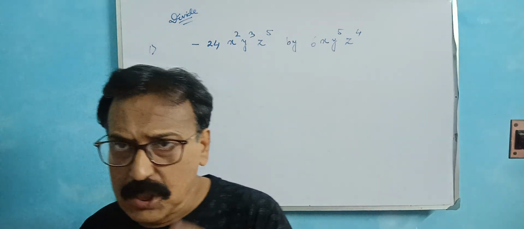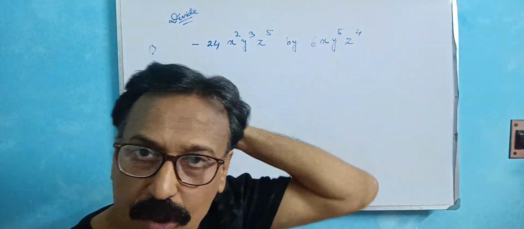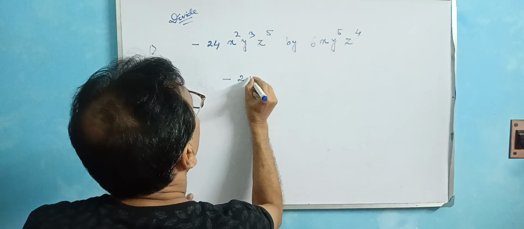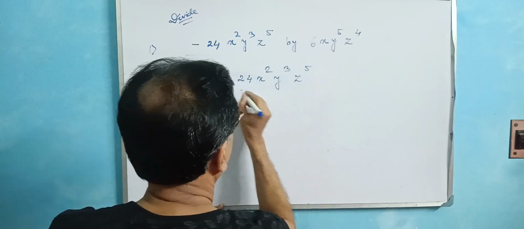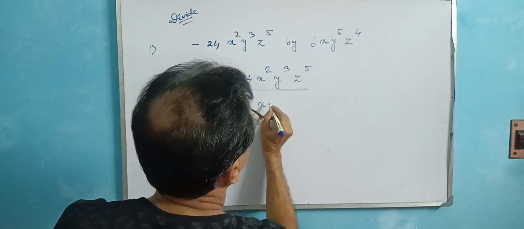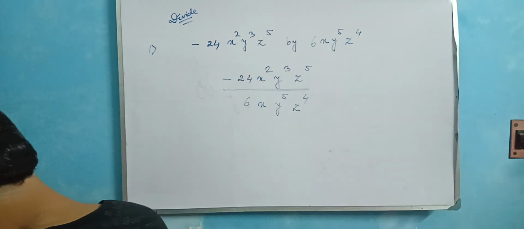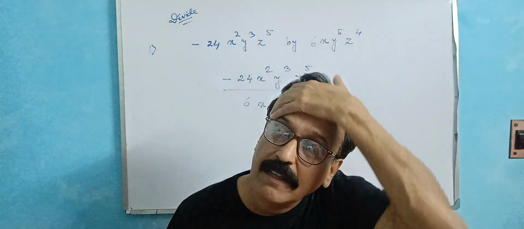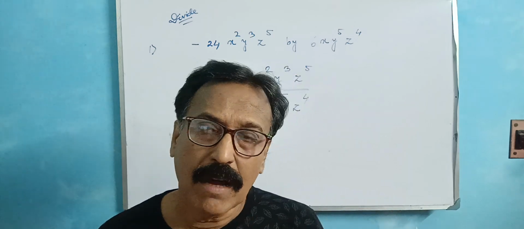Don't panic. Understand the thing well, how I am teaching. Division is very easy. In case of arithmetic, you have done these in arithmetic too, so this is very easy. Just you divide this. That means you just write 24 x square y 3 z to the power 5, and here is the division sign, so divide 6 x y to the power 5 and z to the power 4. Okay, now in case of multiplication, you know the rule: plus minus minus, minus minus plus, plus plus plus, and minus plus minus.